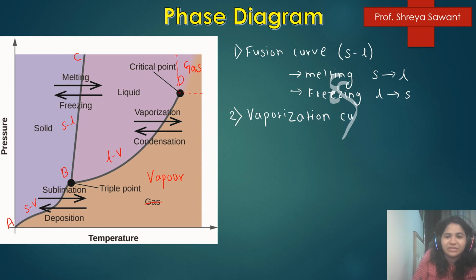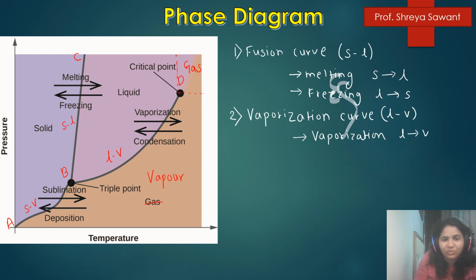This vaporization curve separates the two phases, liquid and vapor. If the liquid is converted into vapor, that process is called vaporization.